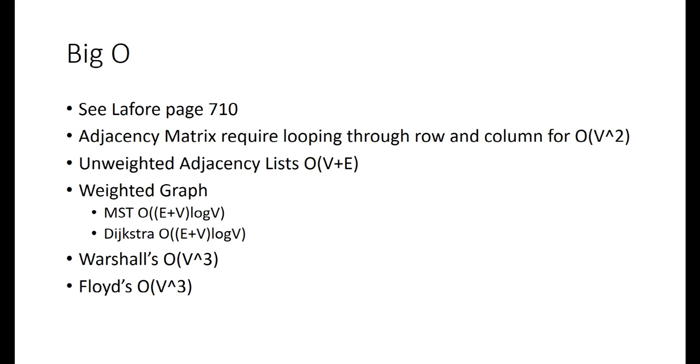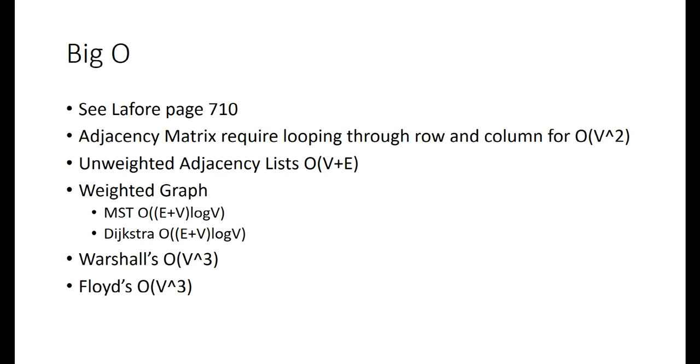If we have an unweighted adjacency list, most of the things we do with that, since we're doing the list rather than the matrix, how often do we have to do things? Well, the number of vertices plus the number of edges, right? Which of those is smaller, V plus E or V squared? Well, it depends on how many edges you have, right? This gets back to our idea of sparseness. If it's sparse, we go with the list. If it's not sparse, we go with the matrix, okay?